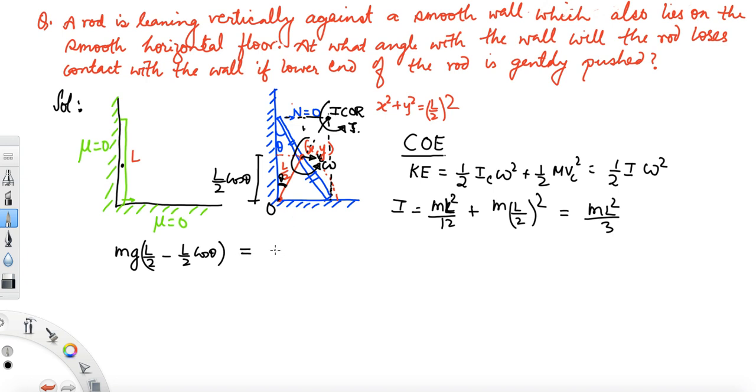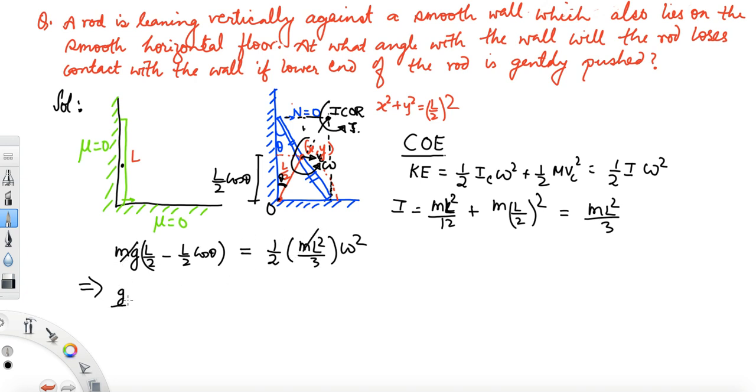This loss in potential energy is going to be equal to the kinetic energy, which is equal to half I omega square. I is mL square over 3 times omega square, and from here we will get the value of omega square, mass gets cancelled.